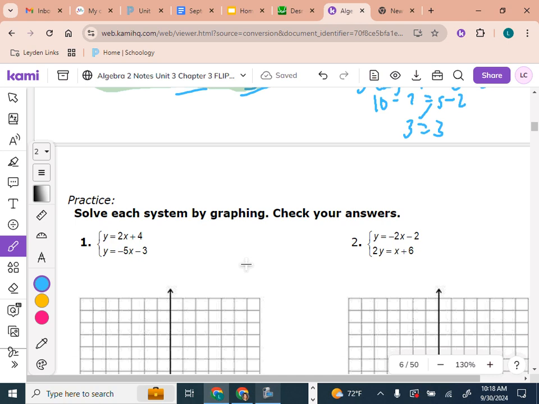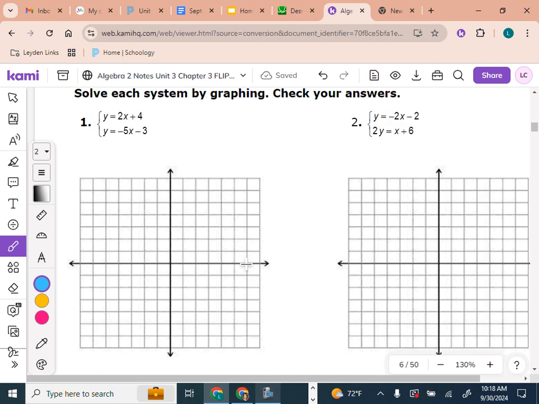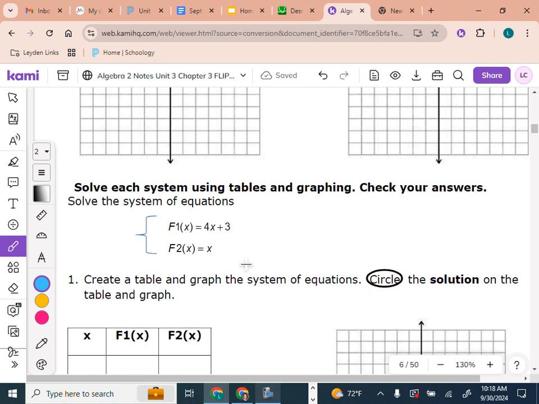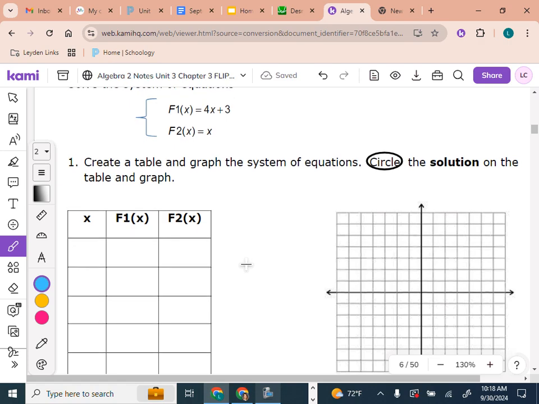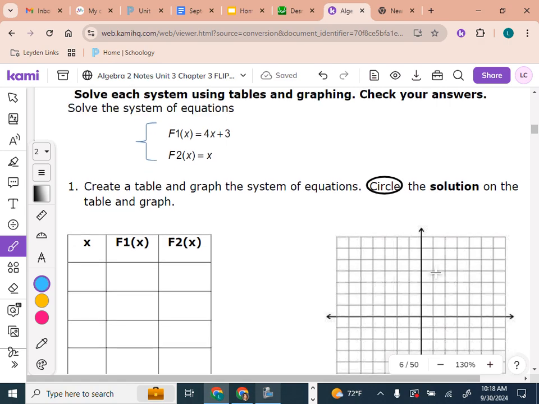Okay. So you guys are graphing these, right? Should be pretty simple there. When you get to this problem, it's the same thing we just did, except honestly, I would graph it first, find my solution, then plug it into Desmos, make sure that it's true. So when it says f1 of x, that's just saying, hey, this is 4x plus 3, and this is x.